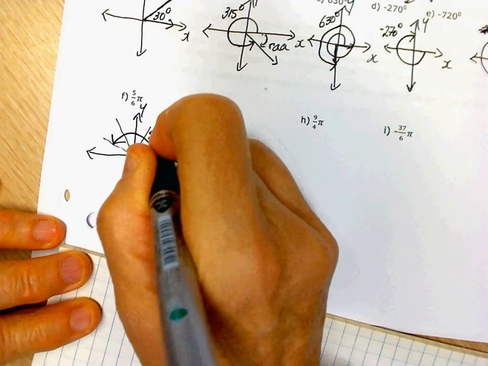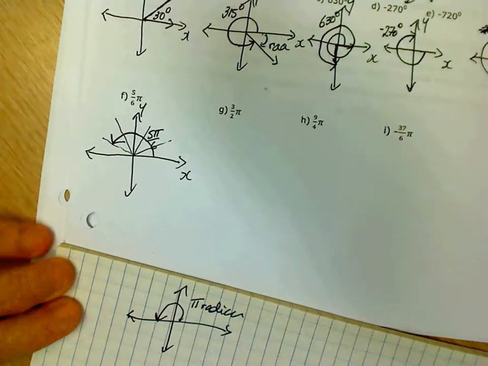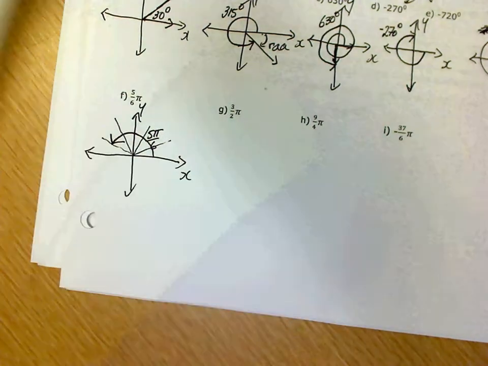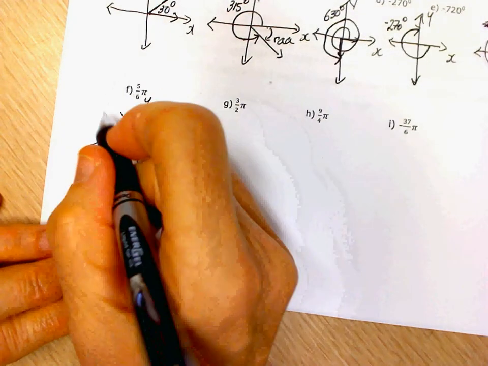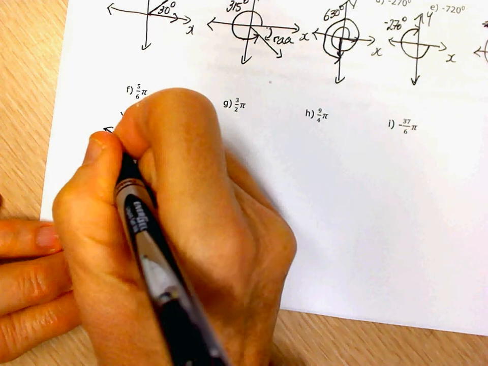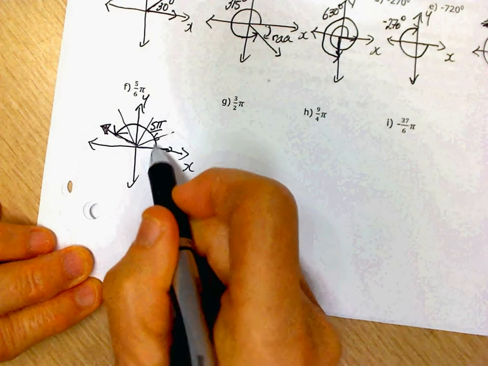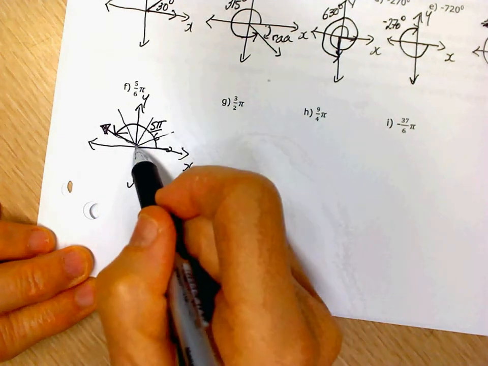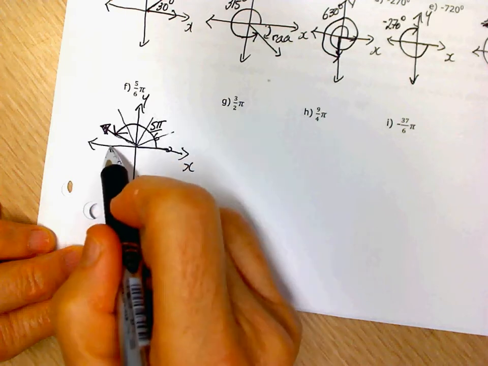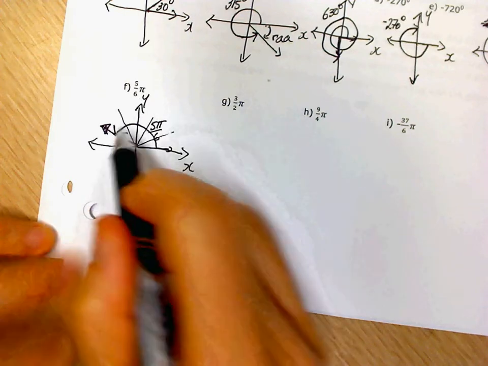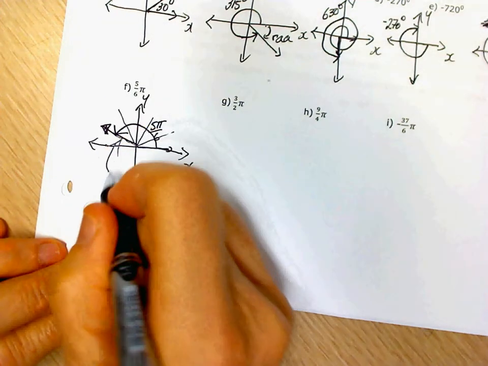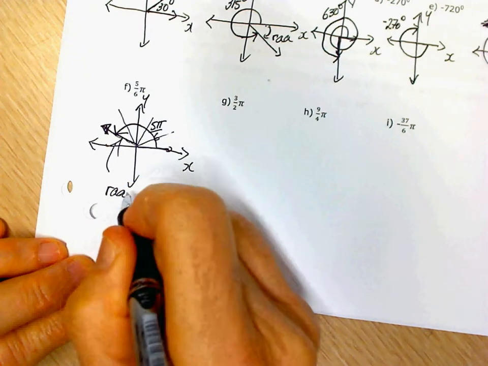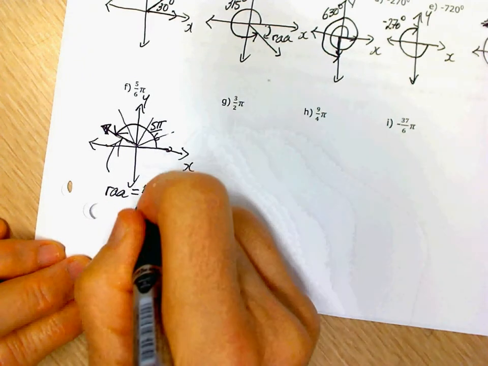That's 5 pi by 6. You just break up pi radians into 6 parts. The related acute angle here, RAA, is equal to pi by 6 radians.